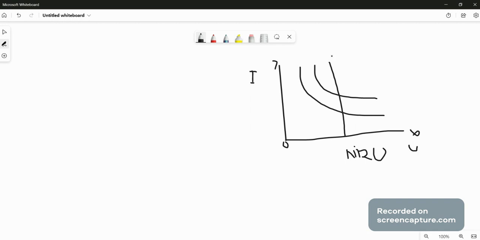And this is the longer term Phillips curve, this is the shorter term PC, this is shorter term, and this is the PC longer term, right?